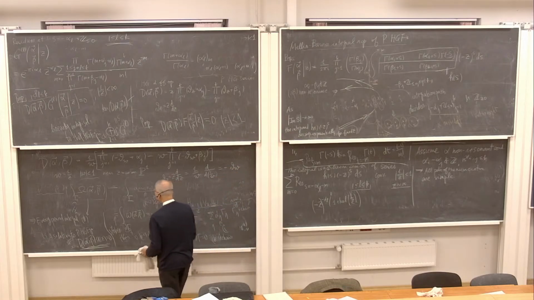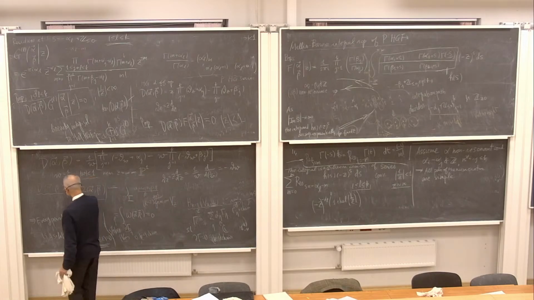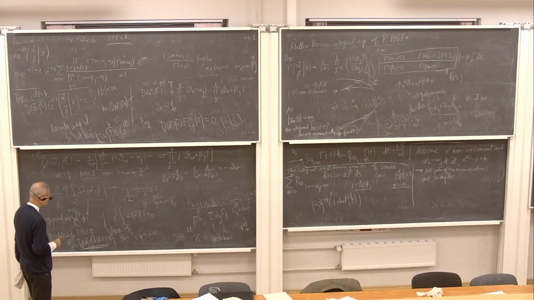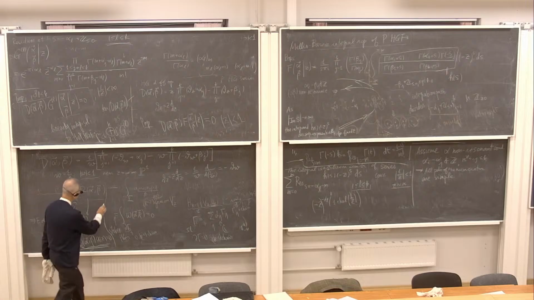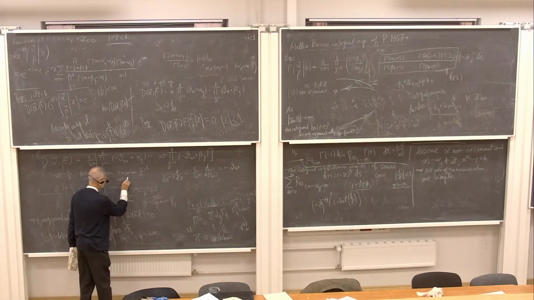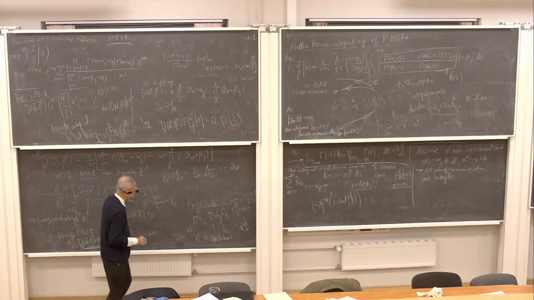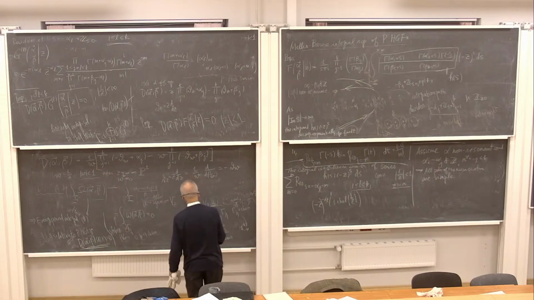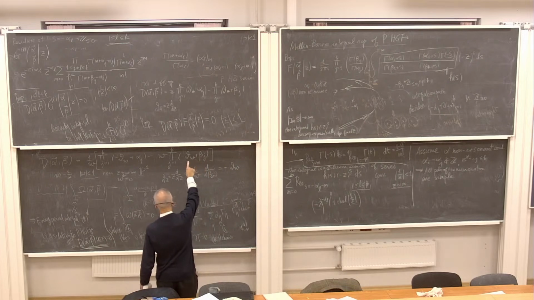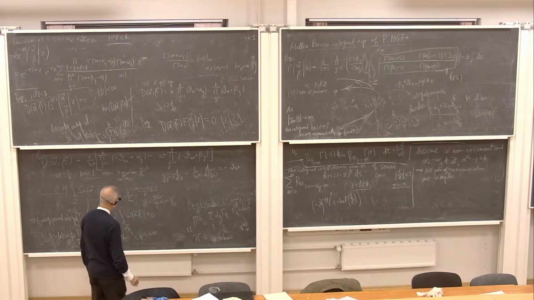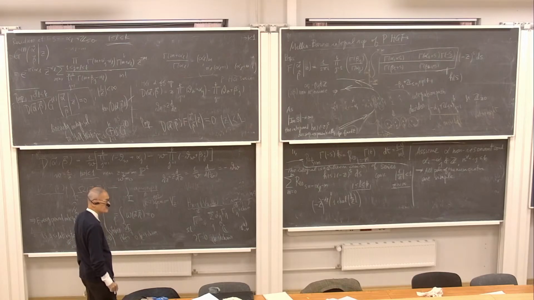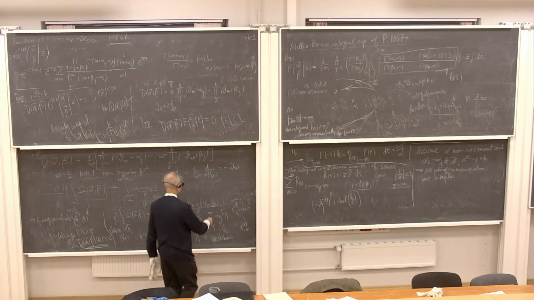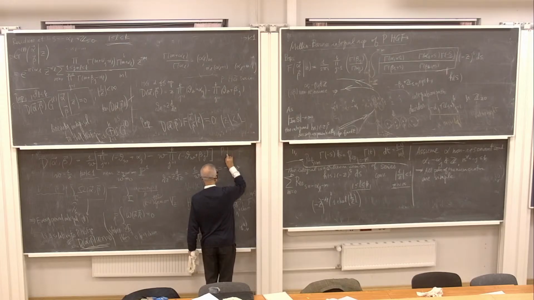So in passing to the local coordinate system near w equals 0, we simply need to change theta z to minus theta w and get the same type of hypergeometric differential equation, a Pochhammer hypergeometric equation.